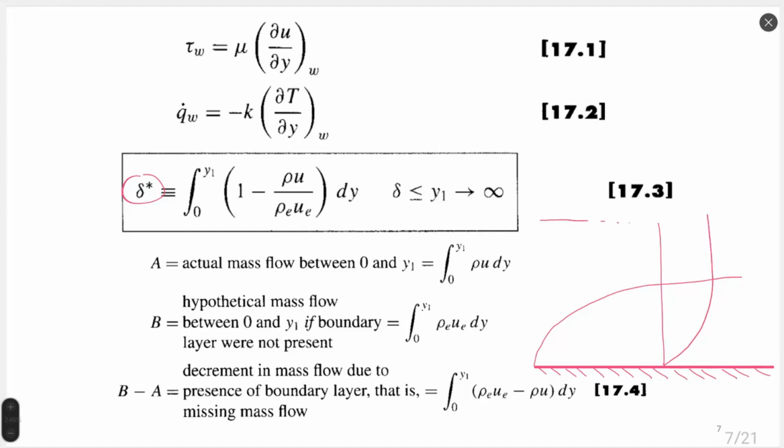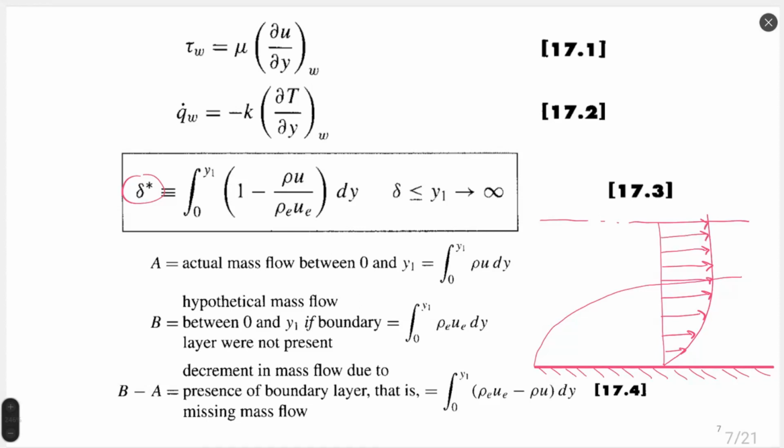Okay, and I will have, for example, edge, which describes the symmetry axis. Due to presence of boundary layer, we have a velocity profile distributed in such a way that inside boundary layer, velocity is not constant, as we know.